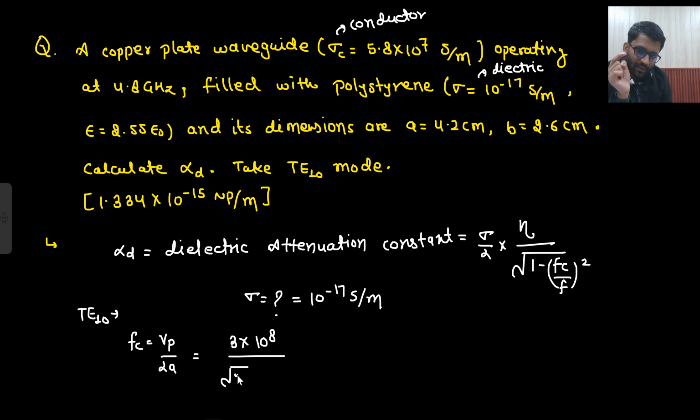So divided by under root 2.55 into 2 into a, what is a? 4.2 into 10 to the power minus 2. So you can solve it: 2.55 under root into 2 into 4.2, then reciprocal into 3. So this will be 2.23 gigahertz.